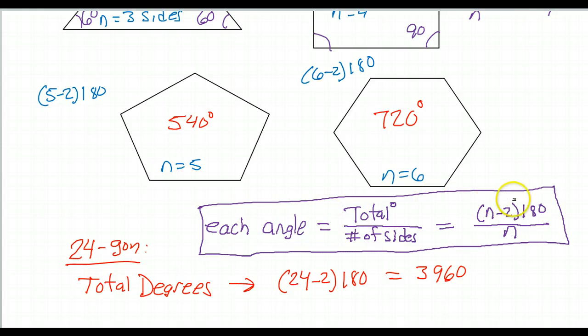I don't want you to sit here and try to memorize n minus 2 times 180 divided by n. I want you just to go, oh yeah, well, of course. This is back to like the 3rd grade. If I have the total and I want to share it equally among my friends, I'm going to divide by how many friends I have. So if my total degrees is 540 and there are 5 angles, of course I'm going to do 540 divided by 5.